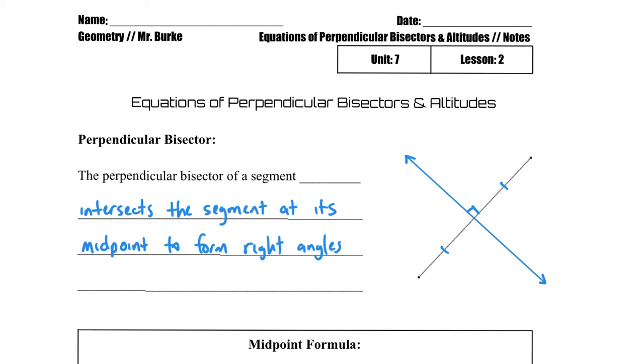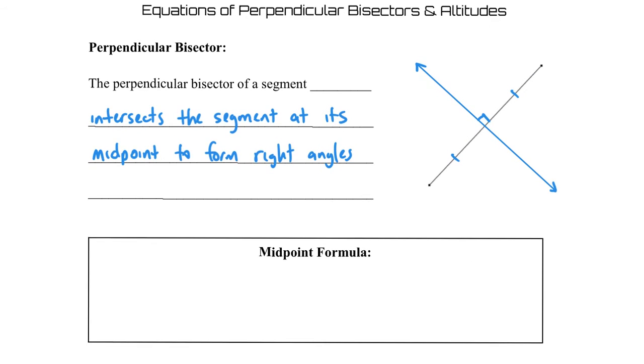All right, that means that if we're going to be writing the equations of these things, we're going to need to know some stuff about the lines. In particular, we're going to need to know where its midpoint is. And we actually have a formula for that. The midpoint is basically the average. This end is going to have an xy coordinate, and this end is going to have an xy coordinate. Well, the midpoint is basically just the average of those.